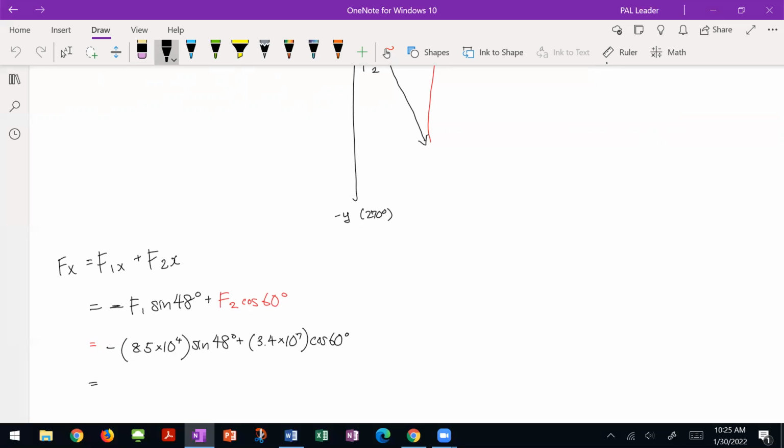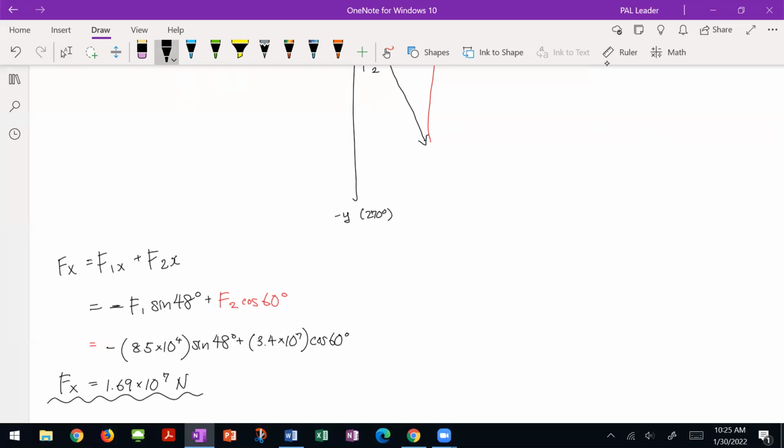Okay, so we got obviously a really, really big number. I'm going to just call it 1.69 times 10 to the power of how many? 1, 2, 3, 4, 5, 6, 7. Fx is this. So we found that.